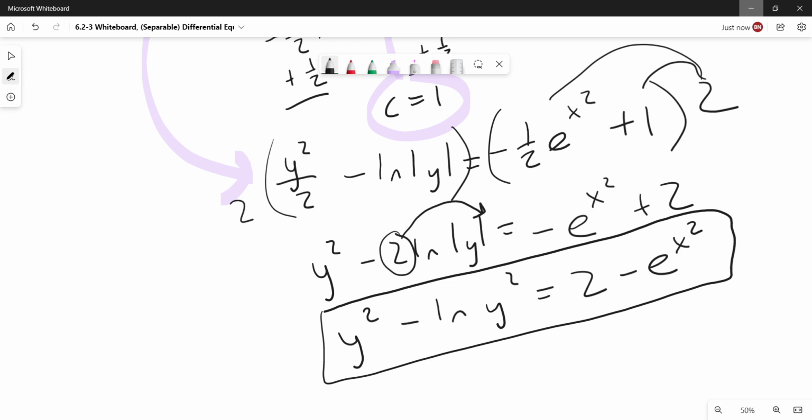For examples 9 and 10, they're explaining a situation to you. They're explaining a differential equation in words, and then you have to write out the differential equation. Then you have to solve the general differential equation with a k and a c usually.